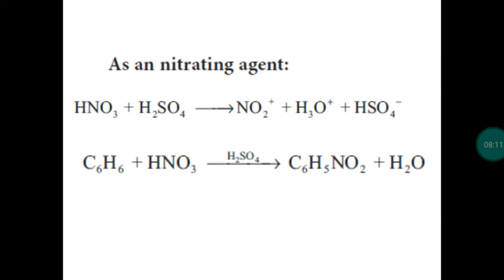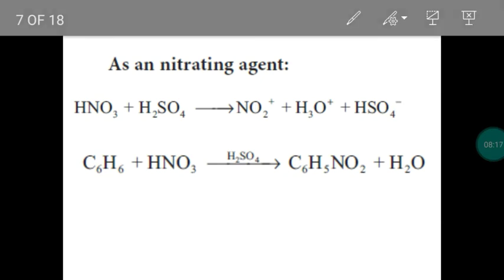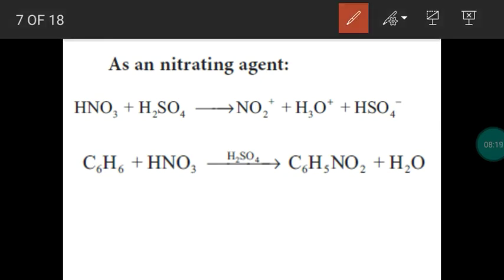Third one, the nitrating property of nitric acid. In organic reactions, we have studied electrophilic substitution reactions. When we take an aromatic ring, the benzene ring, the hydrogen will be replaced by electrophiles. So this is a common reaction.